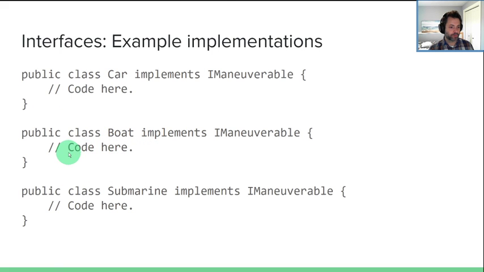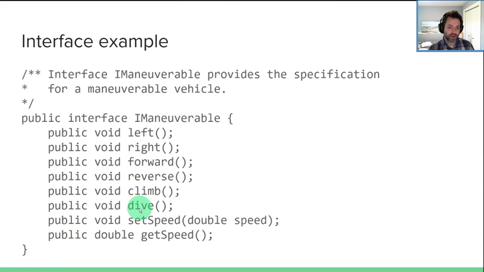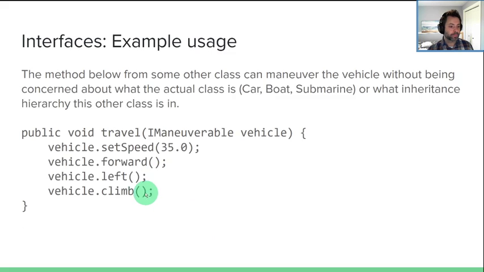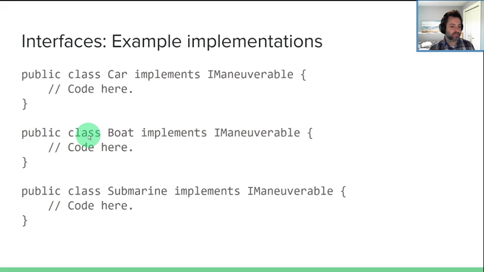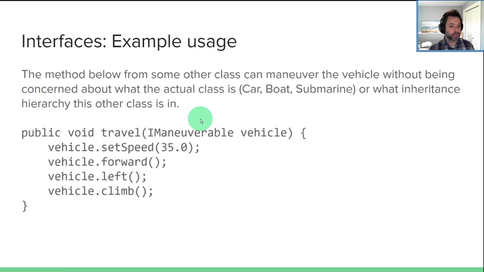And for a car, climb and dive might be just returning null. Or if we're climbing and diving, maybe we're going into four-wheel drive mode and going up a steep incline or steep decline. Again, it kind of depends on your specific instance. So you see car, boat, submarine, airplane, whatever it's going to be.